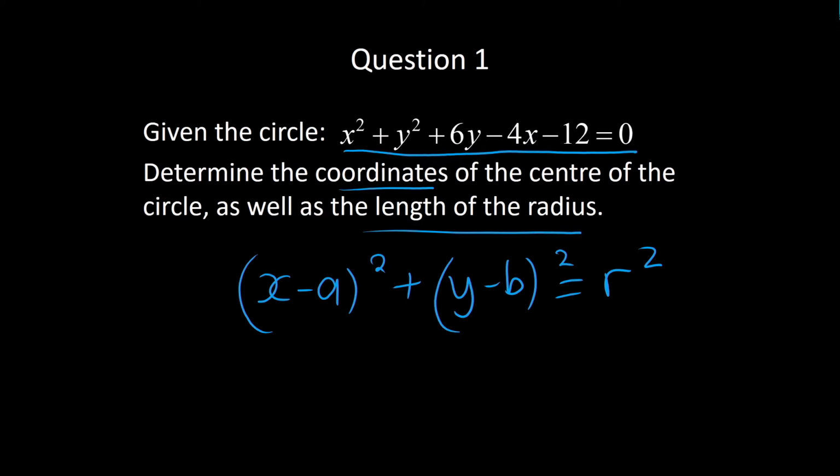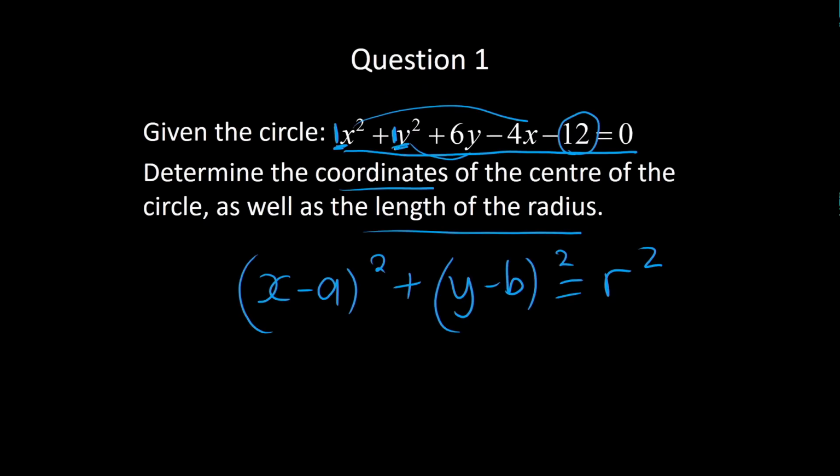So the first thing you need to do is group together your terms with x and your terms with y, and take the constant over to the right-hand side. At the same time, we need to make sure that the coefficient of the x squared and y squared terms is 1, which in this case it is. If it isn't 1, you will need to divide through by whatever factor is in front of the x squared and y squared. Okay, so I'm going to rewrite this on the next screen.